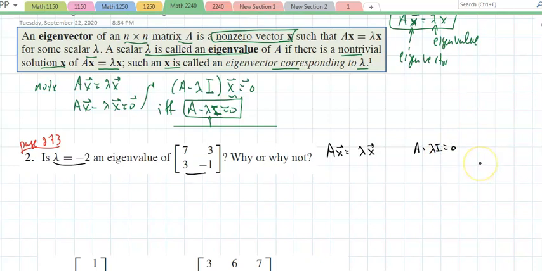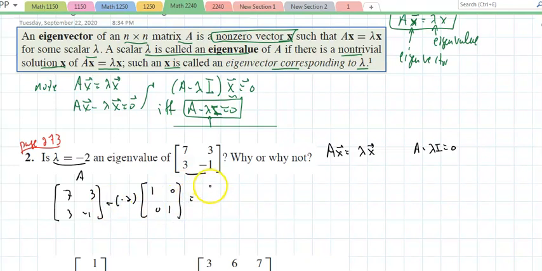Well, A is given. So one way of doing this is for me to figure out A minus lambda I times x equals 0, 0. Normally we don't write this, but I'll show you how that goes. No big deal.